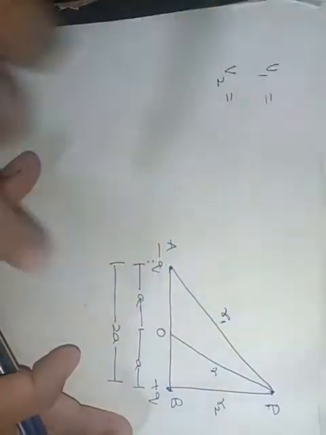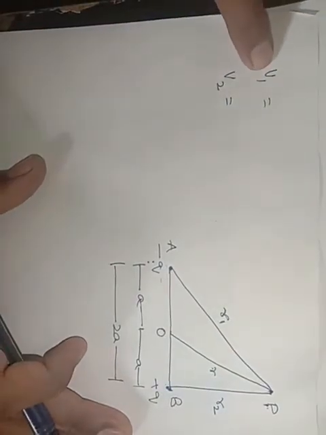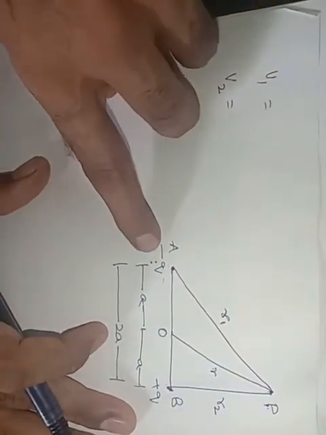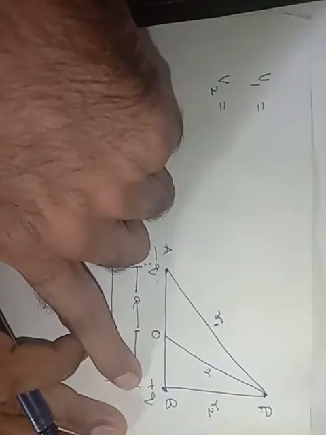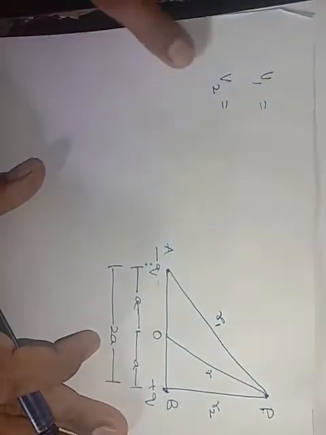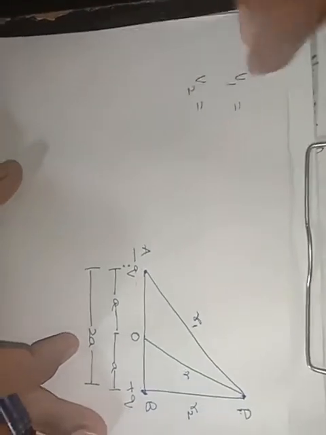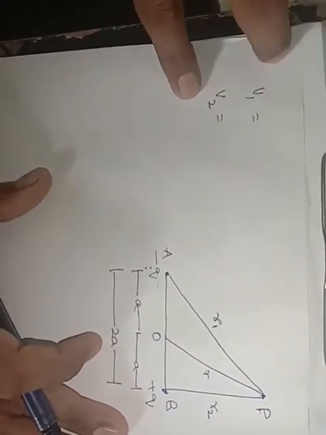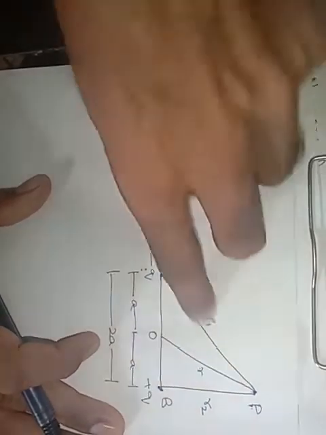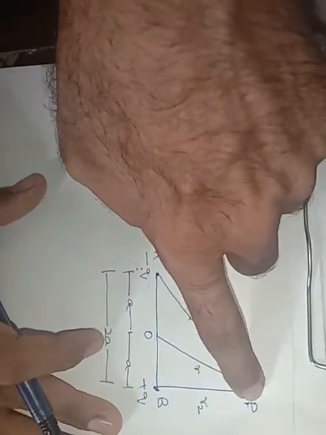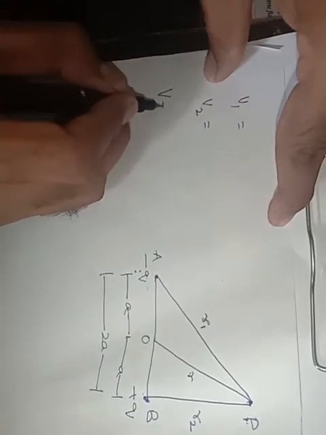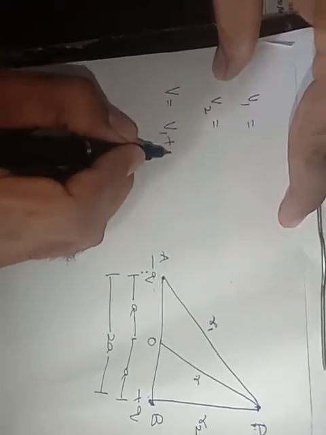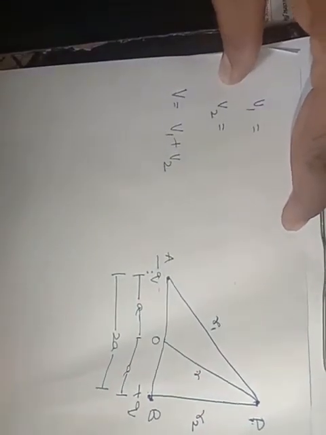In the first phase, we will take out the potential due to point A, which is minus q, that is V1, and at point B, which is plus q, that is V2. Now the total potential at point P will be called V, and V is equal to V1 plus V2.